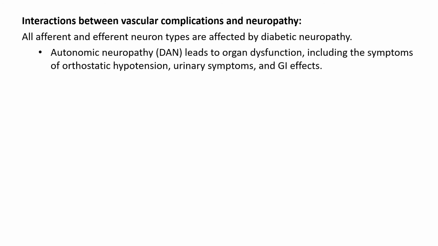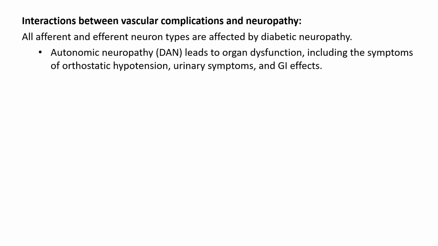Autonomic neuropathy, often known as DAN, diabetic autonomic neuropathy, of course is going to lead to organ dysfunction because this is our sort of subconscious, if you like, nervous system, part of the motor nervous system that regulates the function of organs.